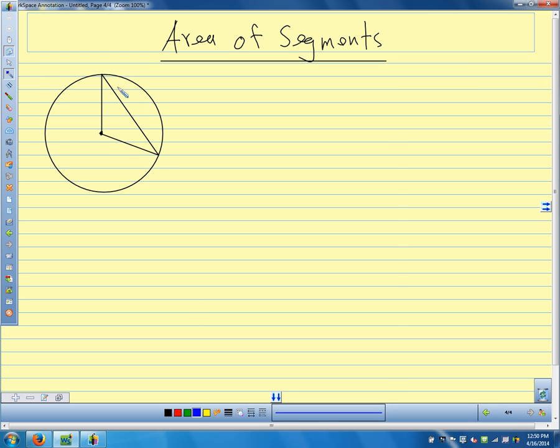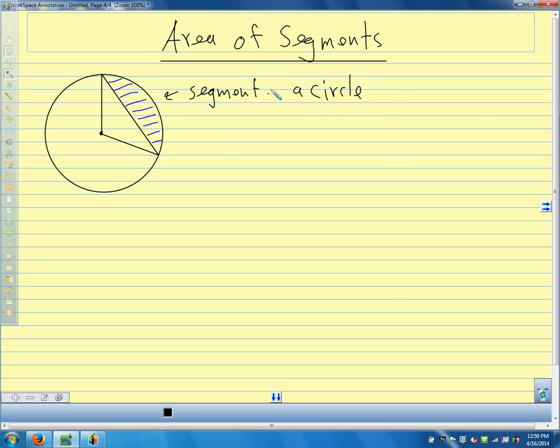This shaded part up here is a segment. So I take a sector and I connect the endpoints where the radii meet the circle. I connect those endpoints, and this little piece up here is the sector. Or sorry, the segment.